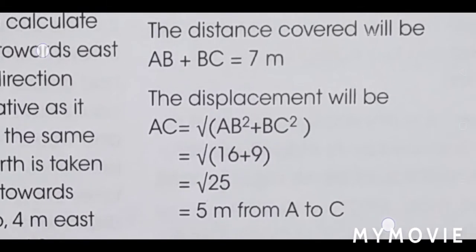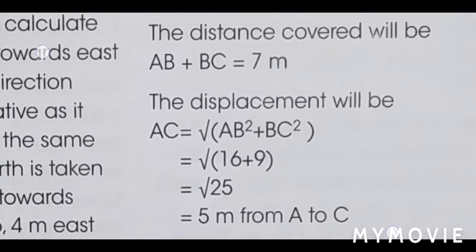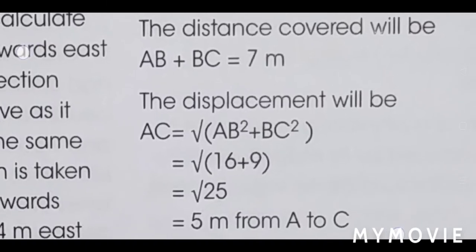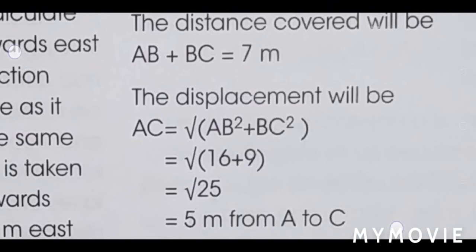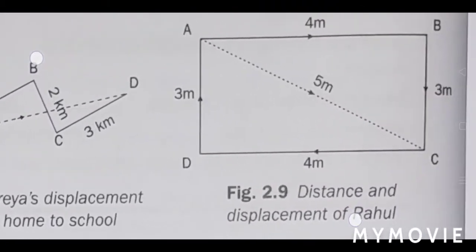AB is 4, so 4 square is 16. BC is 3, so 3 square is 9, 16 plus 9. So we get square root of 25, which is 5 meter. And that 5 meter is the displacement if Rahul travels from A to the point C through the point B.